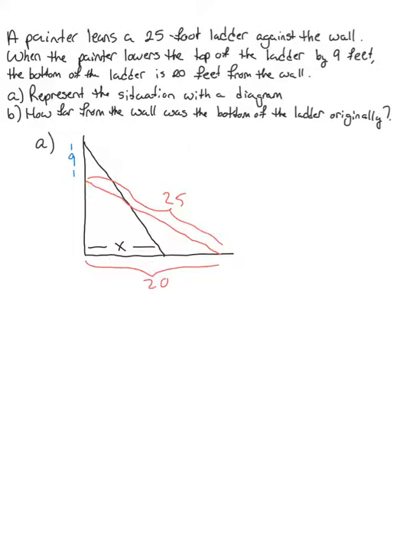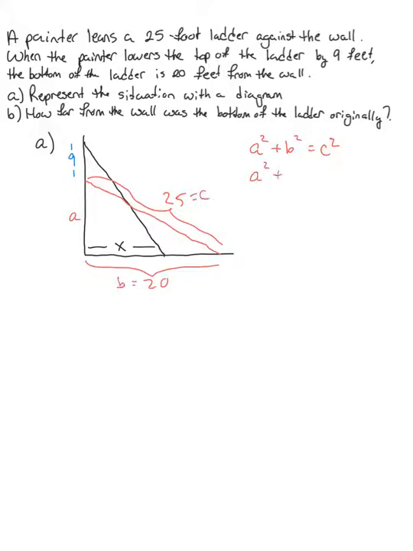So using the Pythagorean theorem, we're going to use a squared plus b squared equals c squared. Let's do this one in red, to keep with the triangle we're working with. We want to solve for a. Let's call 20 our b, and this will be our c.